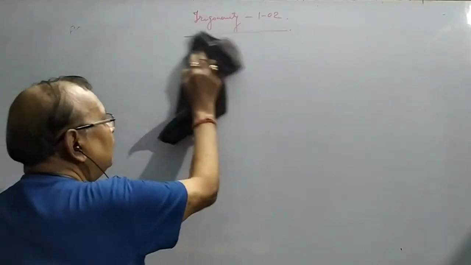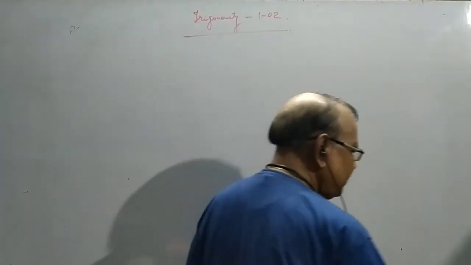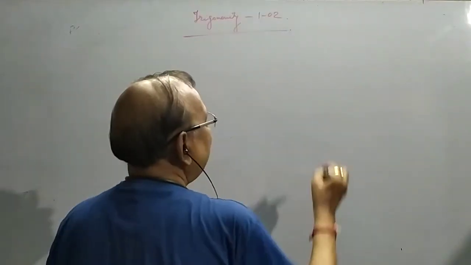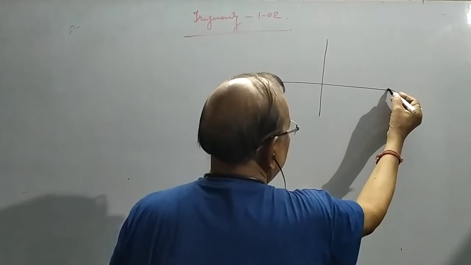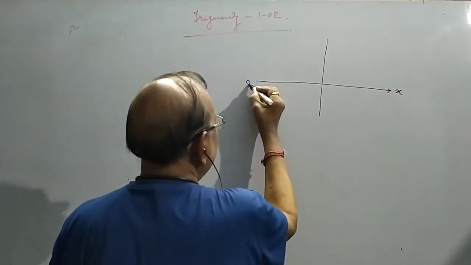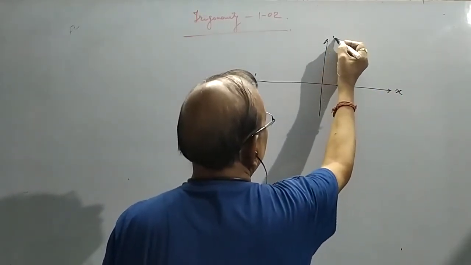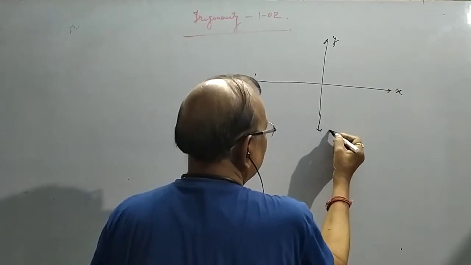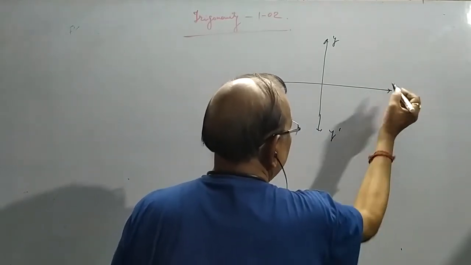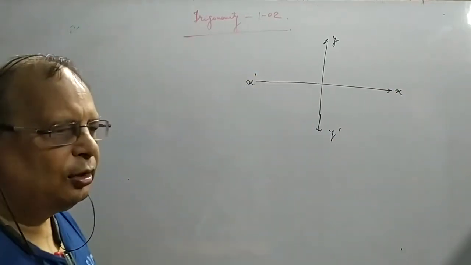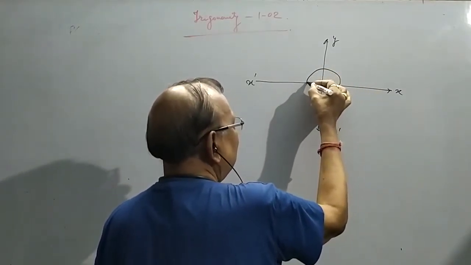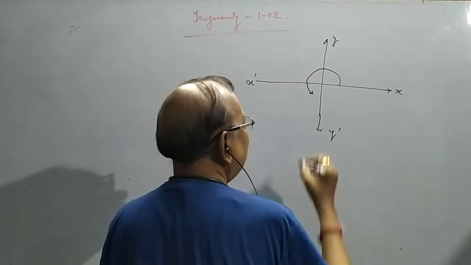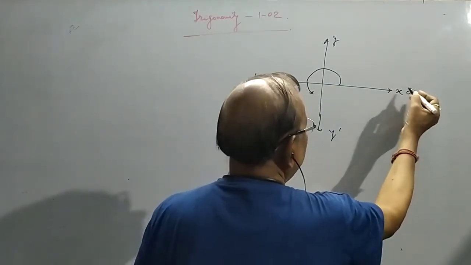First of all, you might be knowing quadrant system. First quadrant, this. There are 4 quadrants. That is x-axis, that is x dash, that is y, and that is y dash. We start with x-axis at 0 and measure the angle in anti-clockwise direction. That is 0 degree.